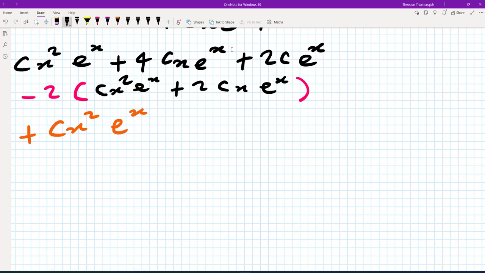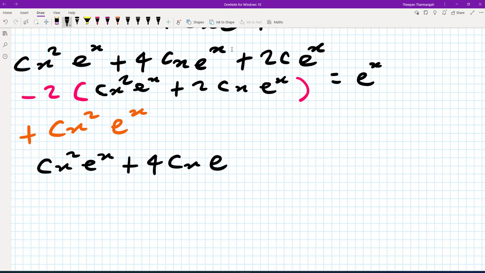Now all of that is equal to what we have on the right hand side of our differential equation, which is e to the x. So what we end up with is cx squared e to the x plus 4cx e to the x plus 2c e to the x.